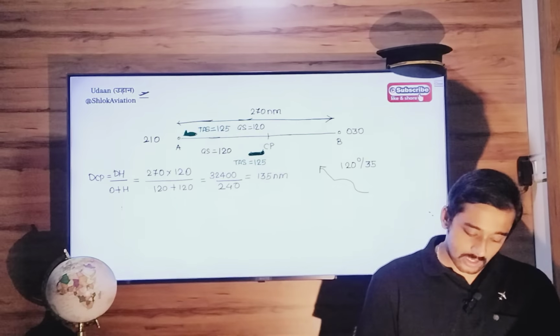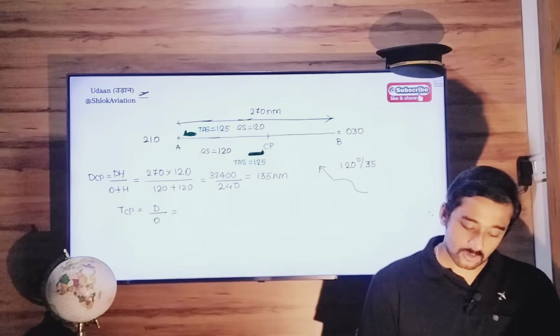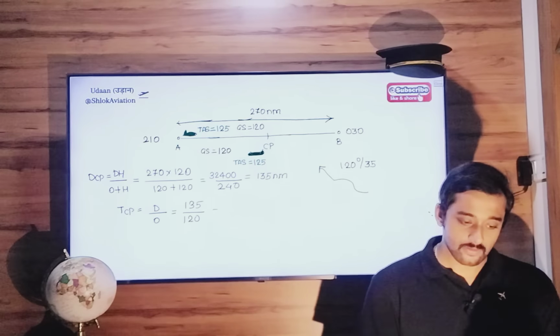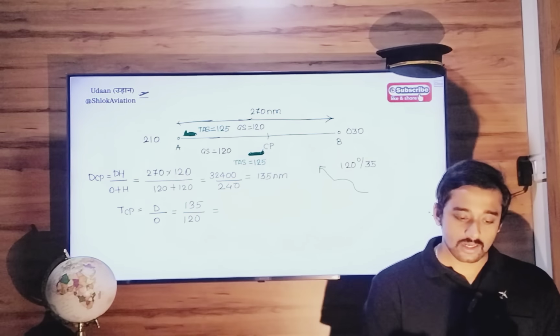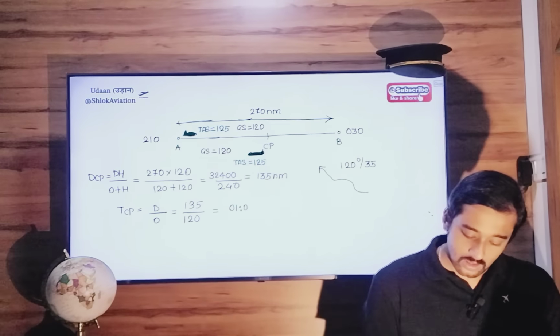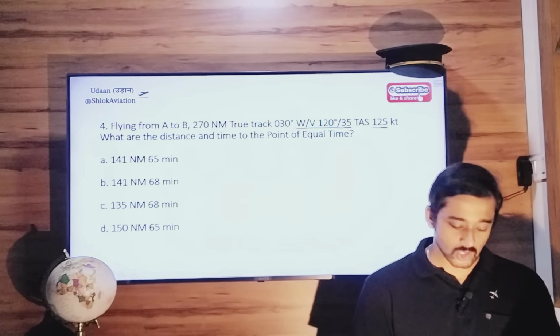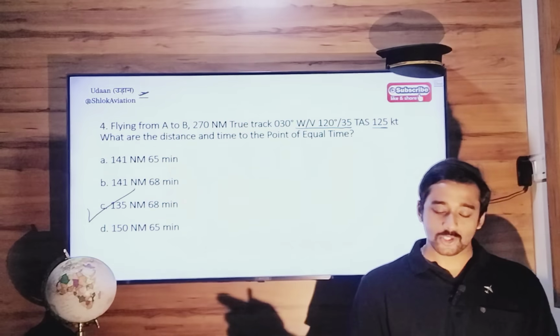Time to critical point will be distance to critical point divided by outbound speed. So 135 divided by 120, that is 1 hour 7 minutes, that is 67 minutes. So the closest option here is option Charlie.